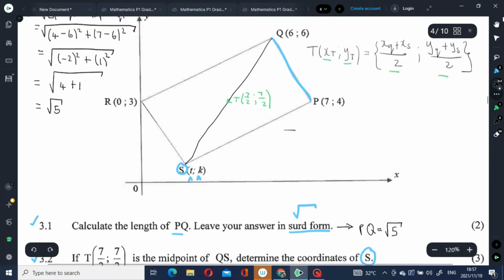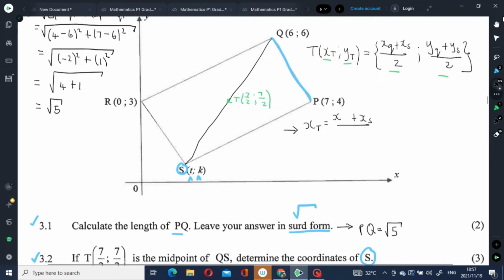So now it's just a matter of substitution. So this implies that XT should be equal to XQ plus XS over 2. We do have all the coordinates besides x of s, right?